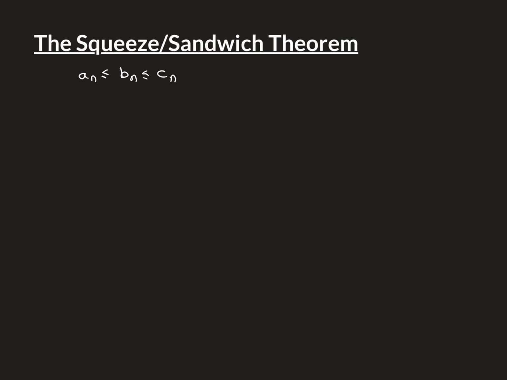So if we draw a picture of this, we have our sequence A here, A1, A2, A3, etc. We have our sequence B, B1, B2, B3, etc. We have our sequence C, C1, C2, C3, etc. And for every single number, 1 onwards, so all the natural numbers bar 0, it's going to be true that if you compare the first or the second or the third terms, this one is the smallest, this one is in the middle, and this one is the largest.